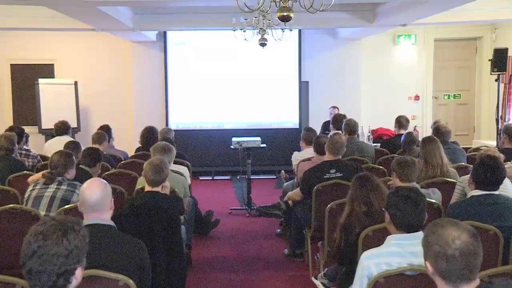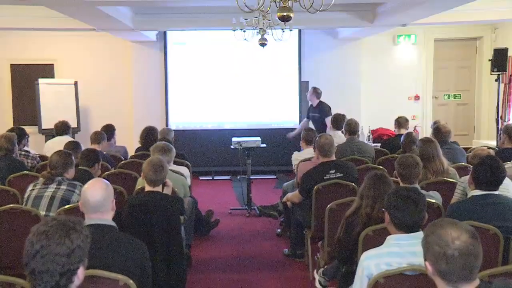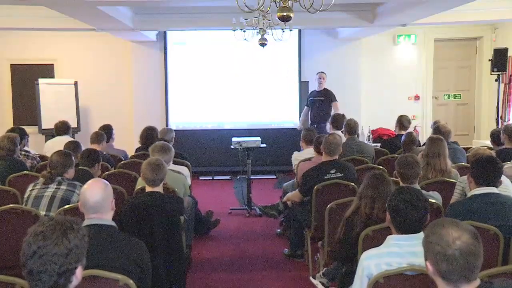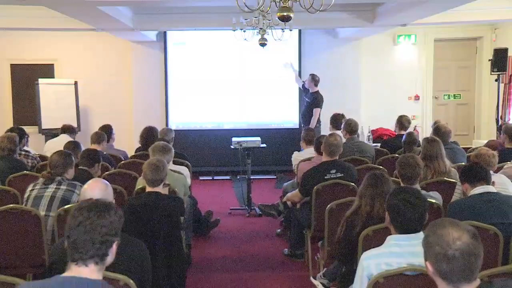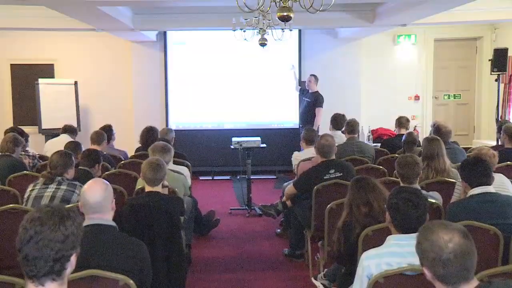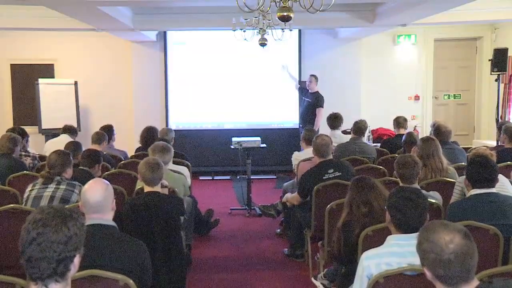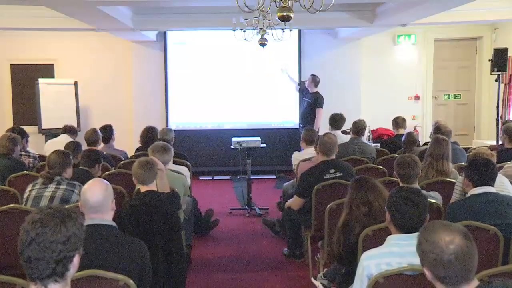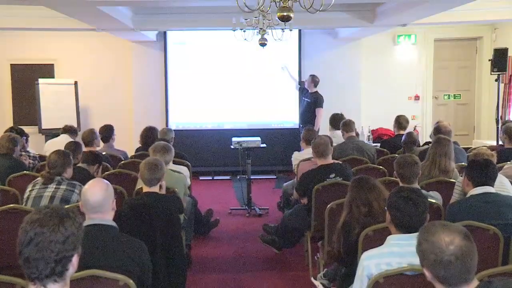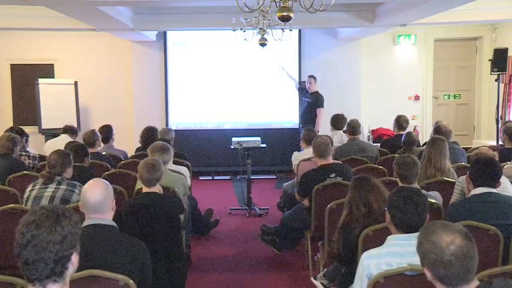Effectively, what TPL Dataflow will say is each block is going to have its own single thread of execution. So by the time we post the first block in, it's going to pass it on. Stage 2 starts processing. While stage 2 is processing, stage 1 is loading the next block. Once stage 2 is finished processing, you pass it on to stage 3, picking up the next block from stage 1.